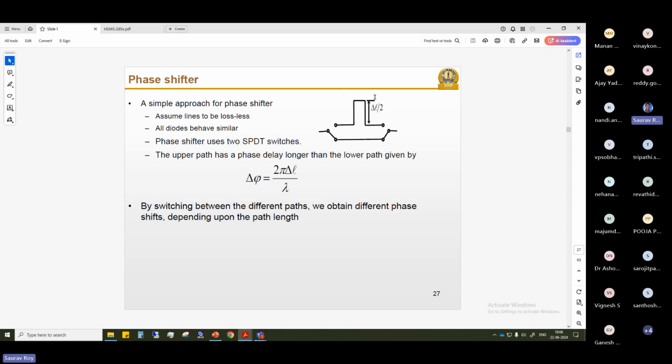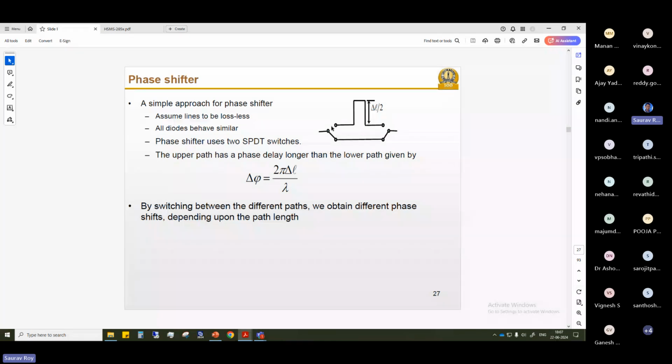If we design this extra length for the phase we want, how is the phase calculated? It will obviously be 2 pi by lambda times your length, right? So the length is designed to give the amount of phase needed, correlated by this simple equation, 2 pi by lambda. This way you can switch between these lines and generate a phase shift.